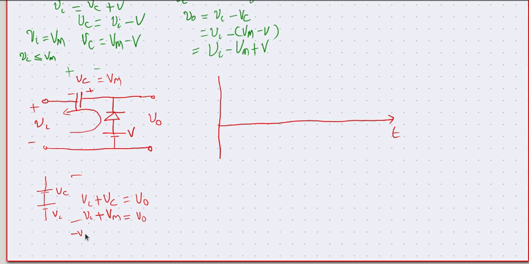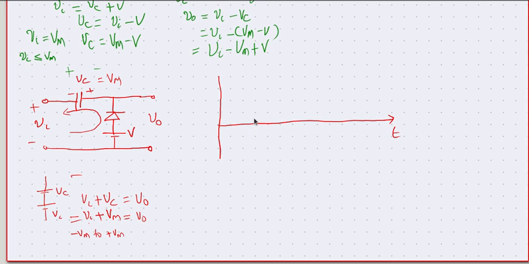This Vi varies from minus Vm to plus Vm, and when this is minus Vm, then minus Vm plus Vm will be equal to 0, and when this is plus Vm, then Vm plus Vm goes to 2 Vm.